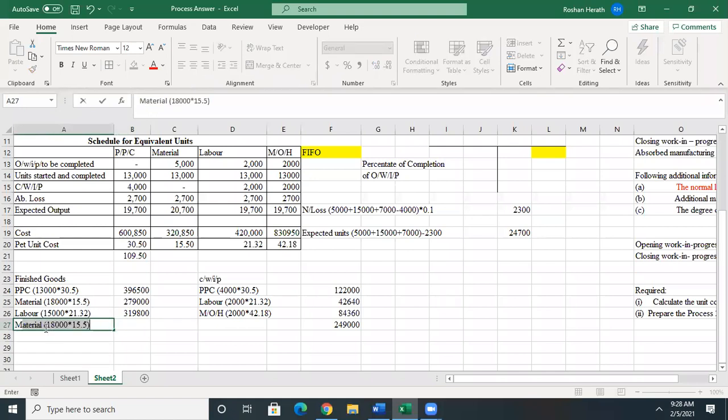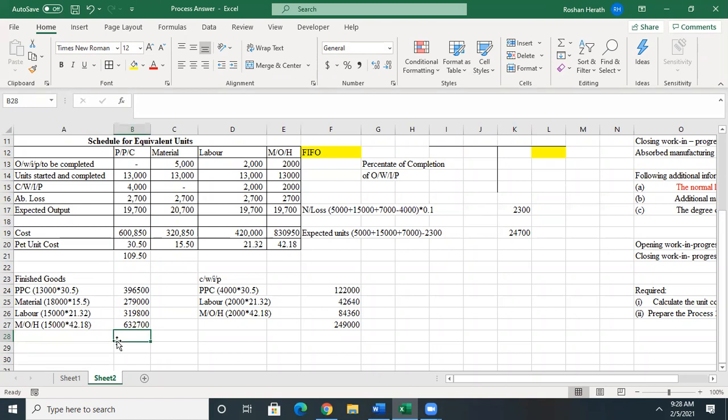With respect to the manufacturing overhead, again 15,000 units into 42.18. So this is for the units, the cost that you have incurred to complete them. The output to be completed, this is what you have incurred.